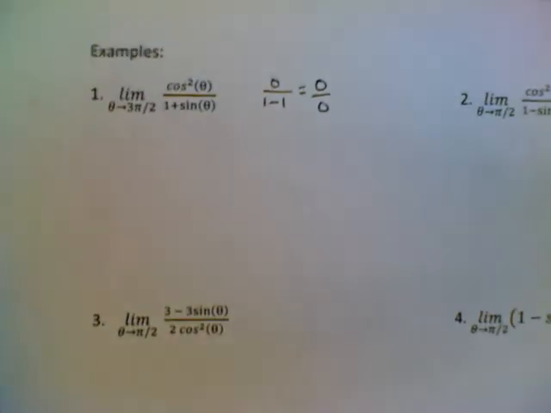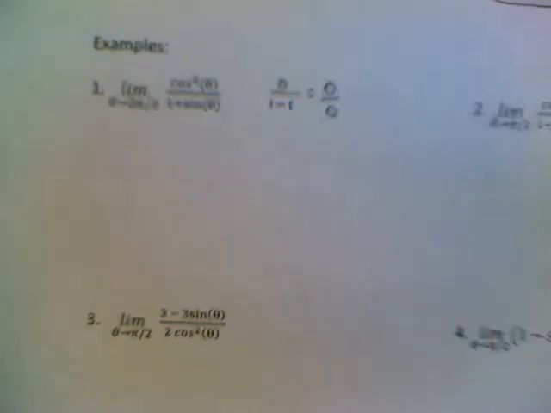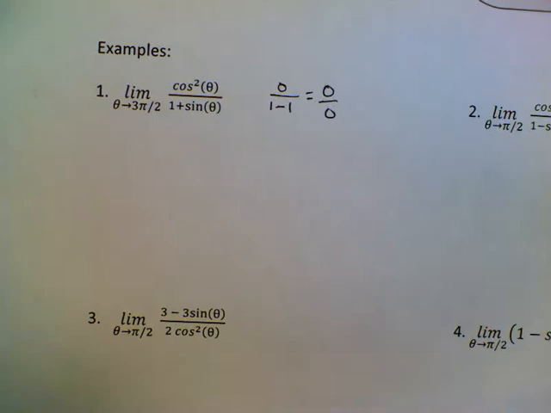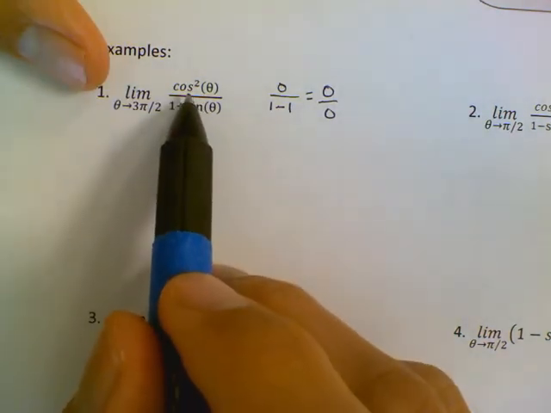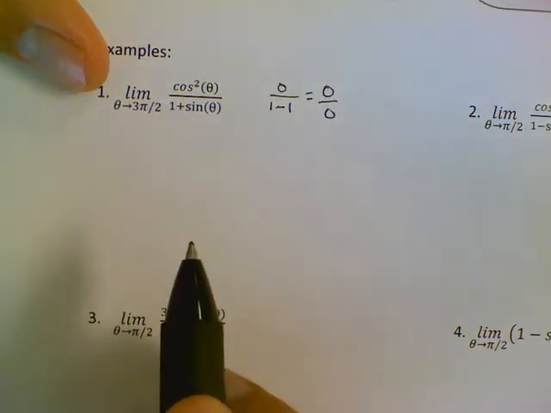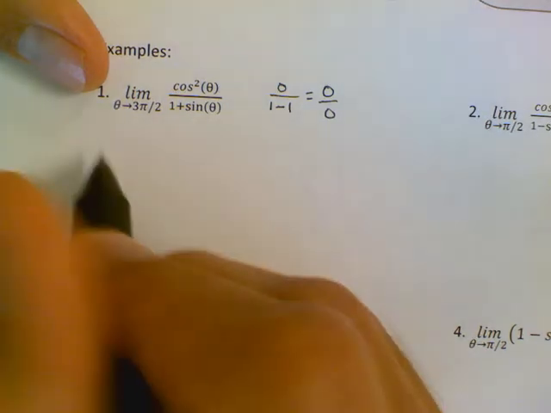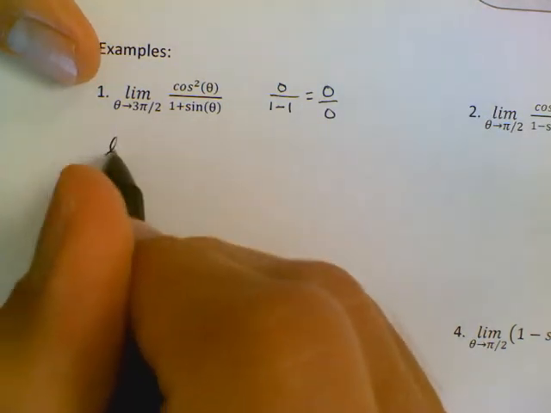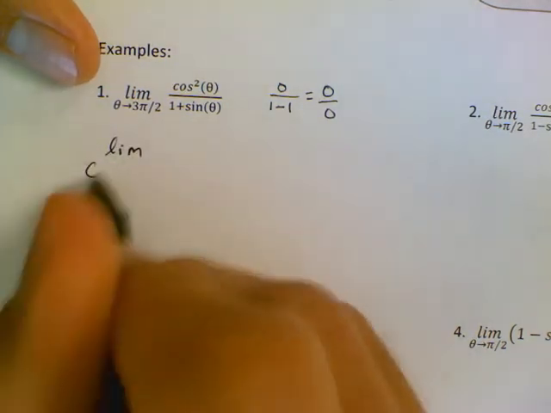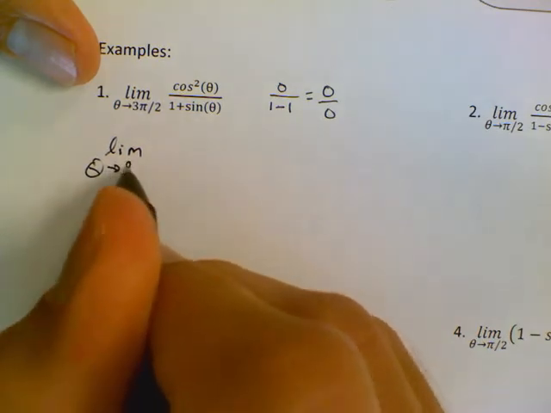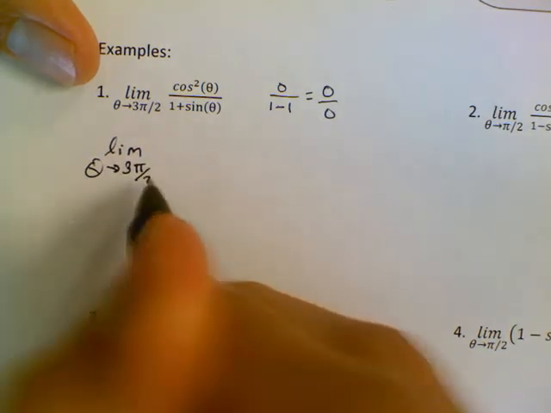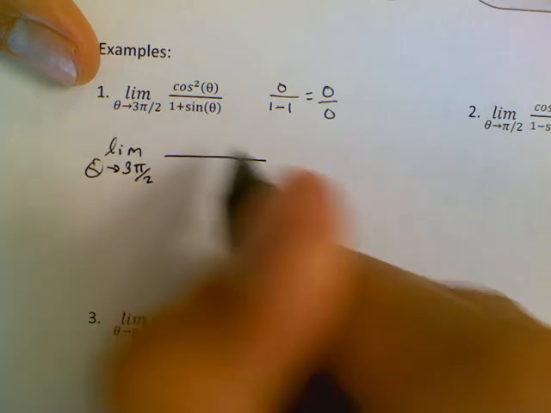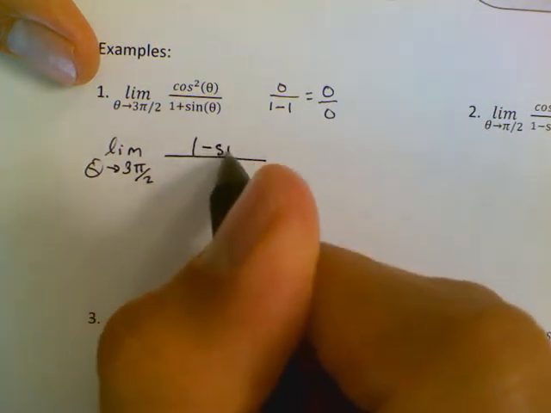Now, what are we going to do with that? Well, I notice that I have this cosine squared at top, and this is the Pythagorean theorem page. So maybe we'll try to use that Pythagorean identity. So instead of cosine squared theta, what if I rewrote it as 1 minus sine squared theta?